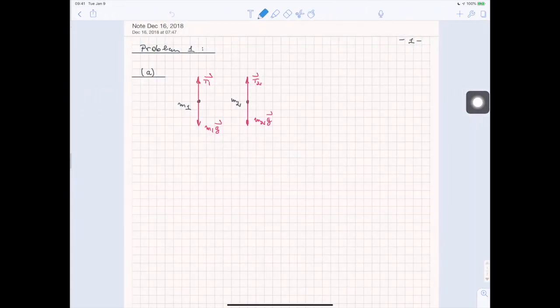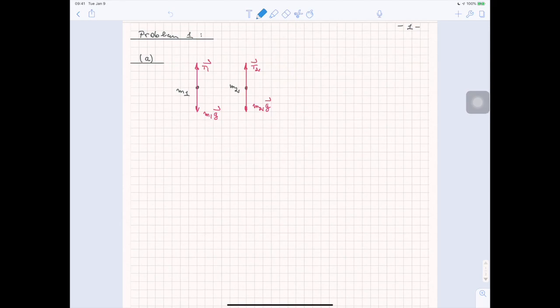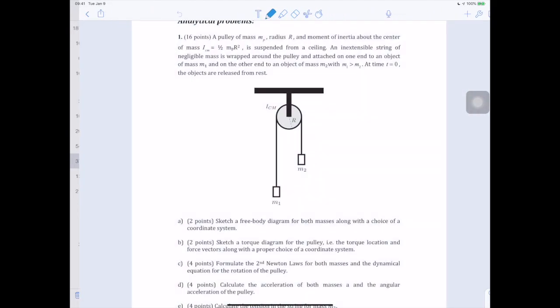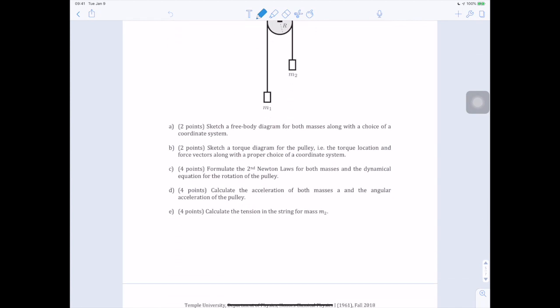So let's go back here. So therefore, since m1 is going down, we place the positive direction downward here. So therefore, analyzing m1, this is j, unit vector j, whereas we place the positive direction for m2 upward here. Okay, so I think that was basically already it as far as part A is concerned.